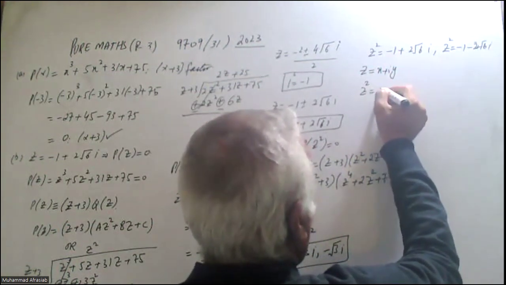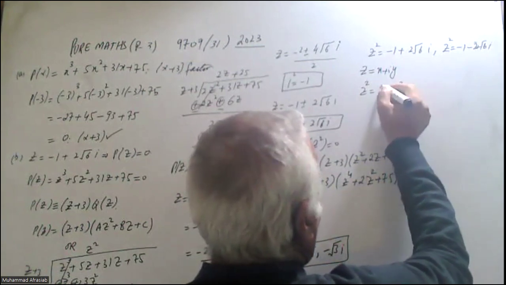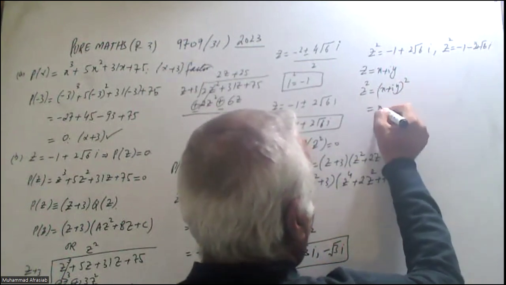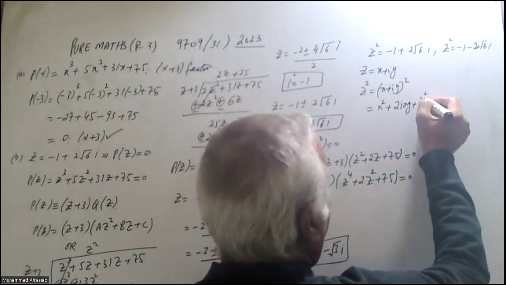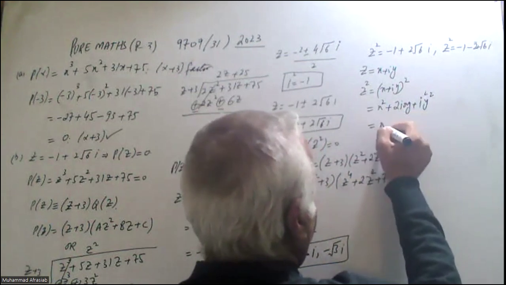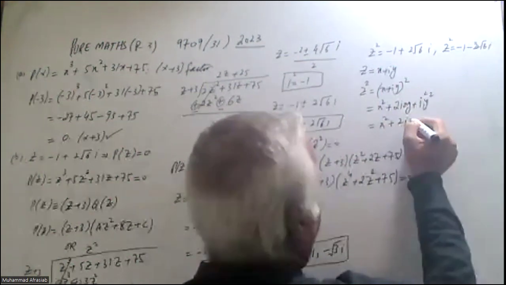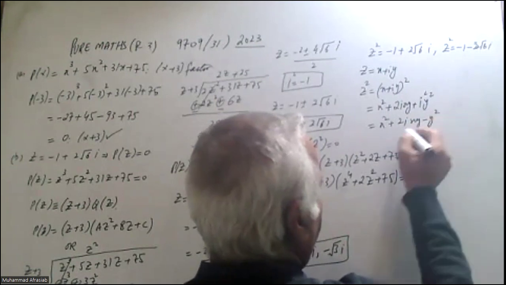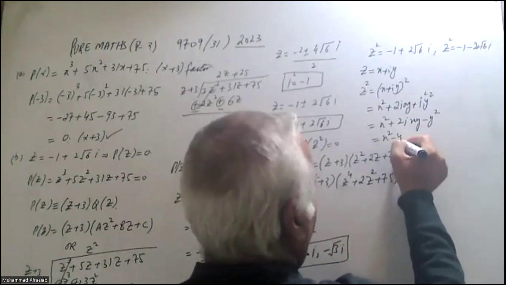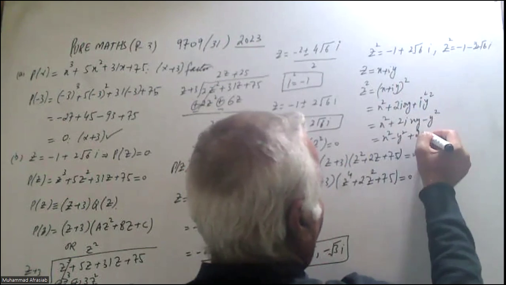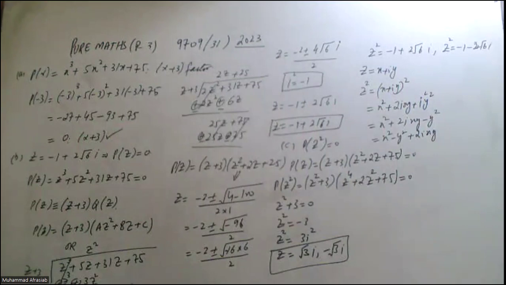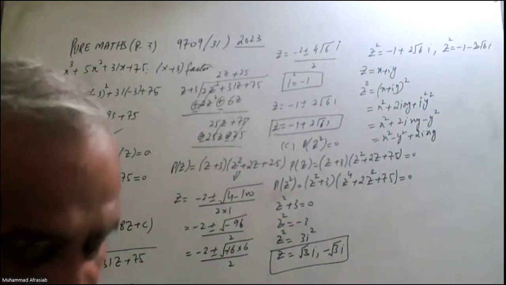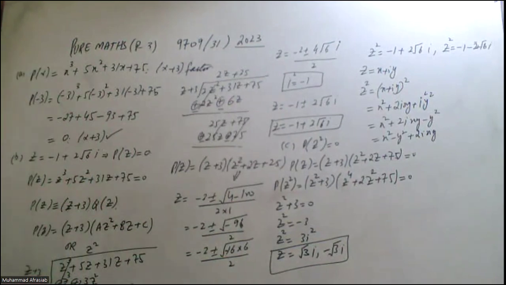So z square is equal to (x plus iota y) whole square, which is equal to x square plus 2 iota xy plus iota square y square, that is x square plus 2 iota xy minus y square, or (x square minus y square) plus 2 iota xy is the value of z there. So we are going to replace it one by one for the two roots we have already calculated in this part there.